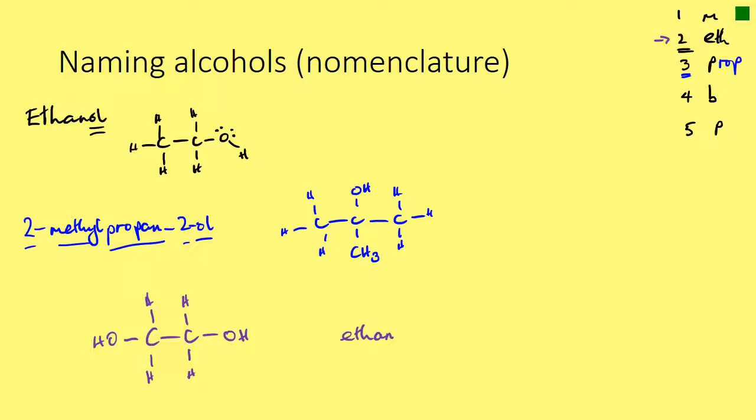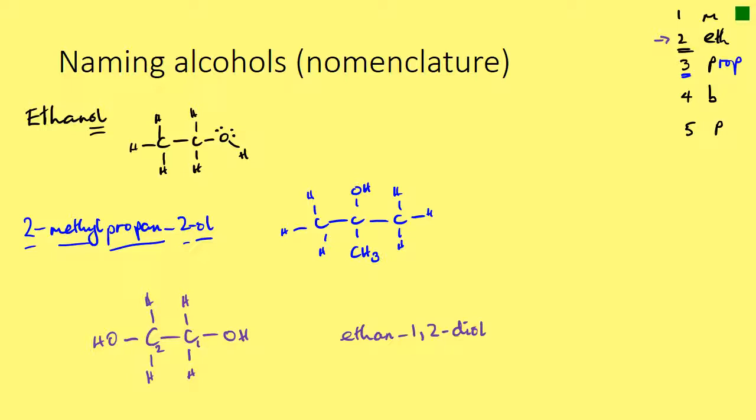But we need to tell the reader what carbons the hydroxyl groups are hanging off. So let's call this carbon 1 and this carbon 2. So the first hydroxyl group is coming off the first carbon, and the second hydroxyl group is coming off the second carbon. So it's going to be ethan-1,2-diol, like that.